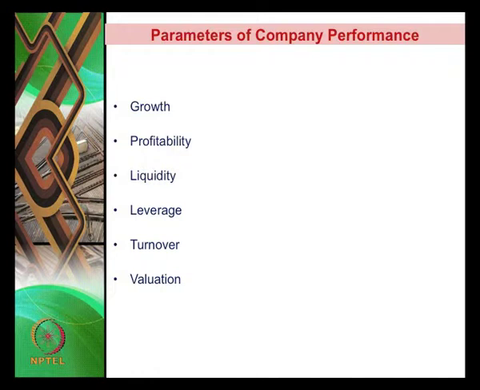So in lecture number 7 we looked at the first 3 aspects, which are growth, profitability and liquidity, and in this lecture we will look at the remaining 3 parameters and spend some time discussing them. So the fourth parameter that we will look at is leverage.